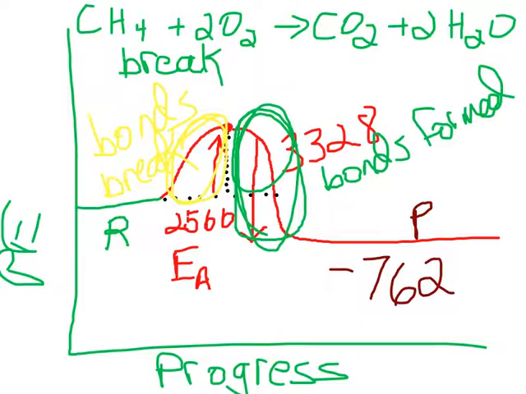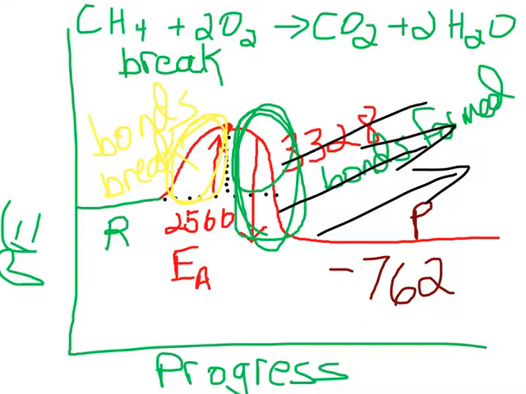Basically took 2,566, subtracted it from 3,328. So 762 kilojoules per mole of potential energy was lost over time to the environment. That's the light and the heat. So now I've proved why it's exothermic, and have shown that it was using our knowledge of bonds that helps us understand that. That's pretty cool.